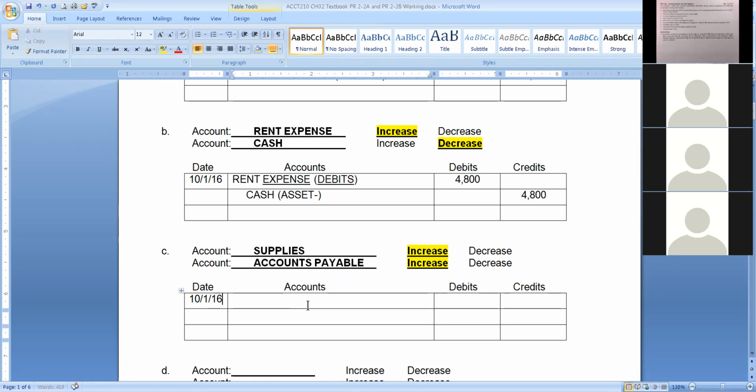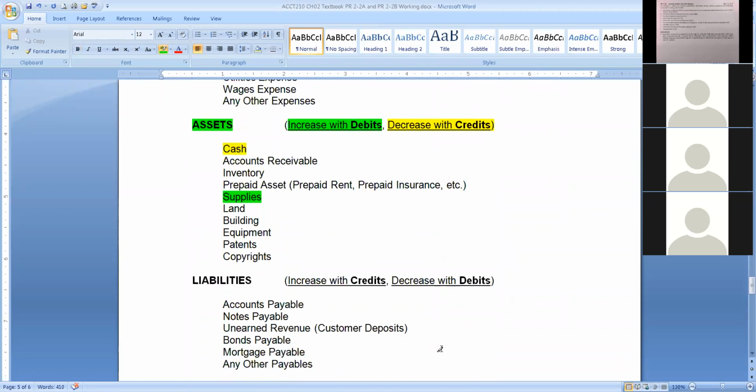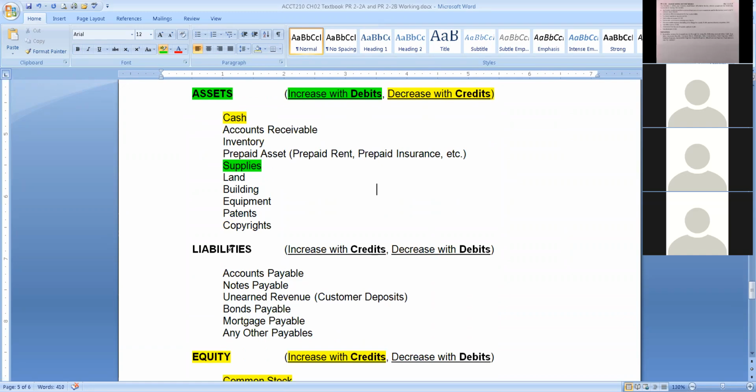So supplies. It is an asset, and it's going up. So supplies, asset going up with debits. Accounts payable, so liability, that's going to increase with credit.